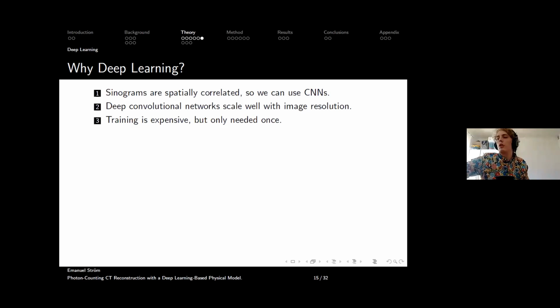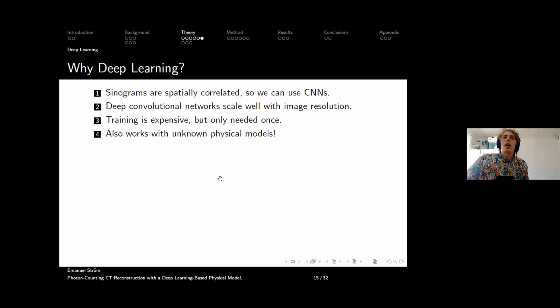The main point behind doing this learned correction is that, sure, training is expensive, but once we have done training once, we basically have a finished network that we can use for reconstructing any input data, more or less, given a specific detector setup.